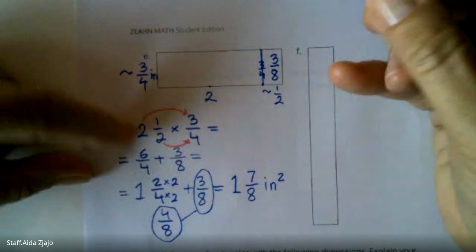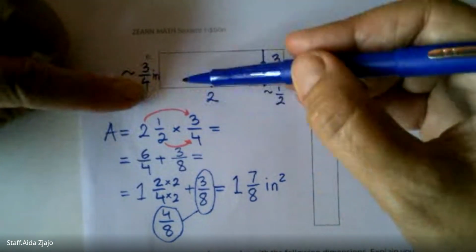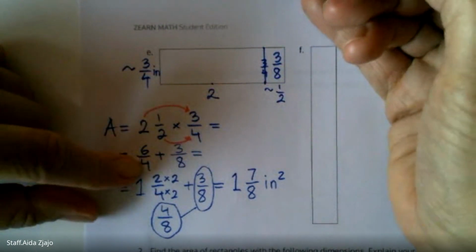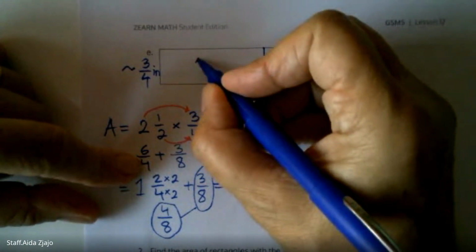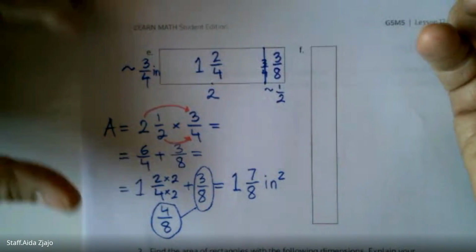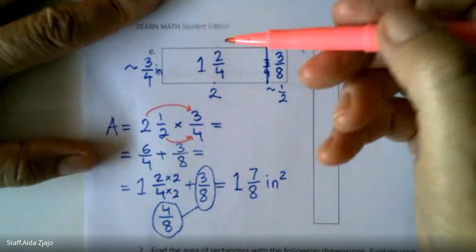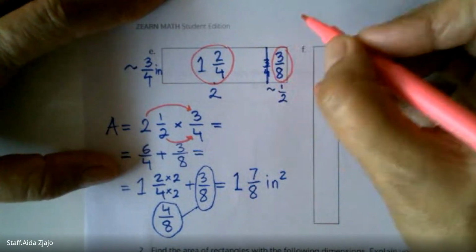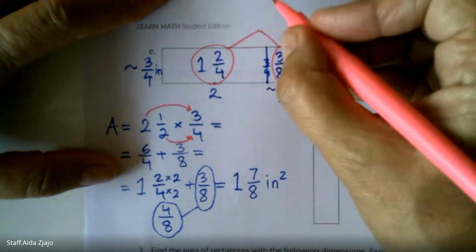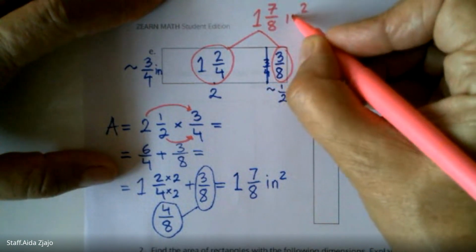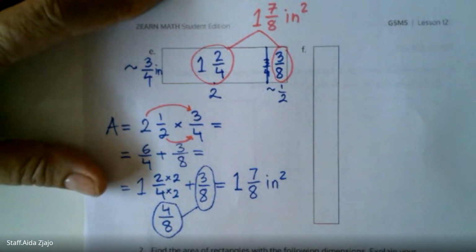Okay, and then this is 3/4, 2 times 3/4 is 6/4, and then 6/4 is really 1 whole and 2/4, or 1 whole and 1/2. So when you add this 1 and 2/4 and 3/8 together, you got 1 whole and 7/8 square inches. Okay, so that is that way.